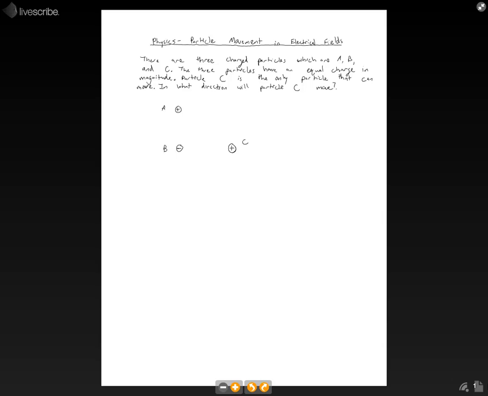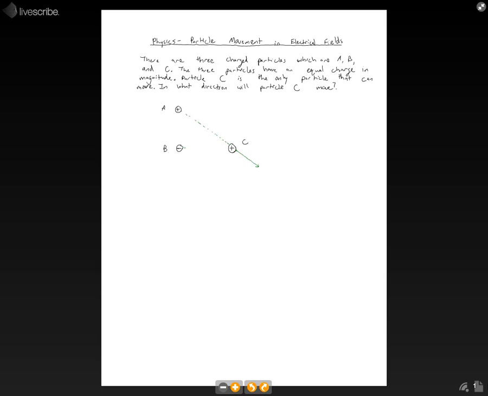So I'll draw a dotted line here between A and C. These two are positive charges, and because they're like charges, they should repel. And since they should repel, if C were only acted on by A, it would move in this direction.